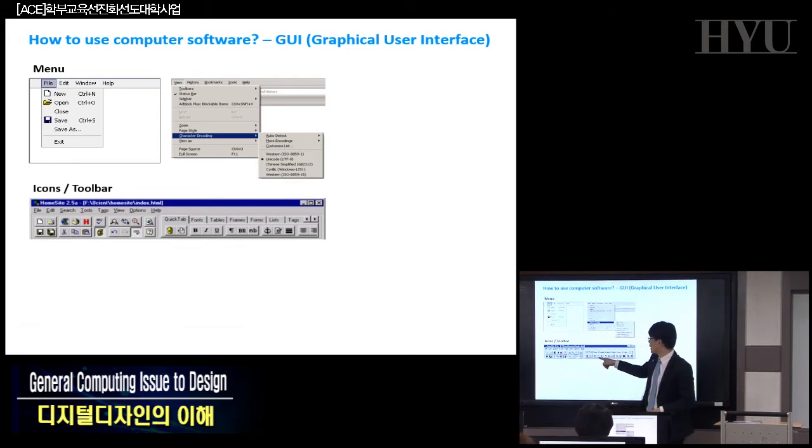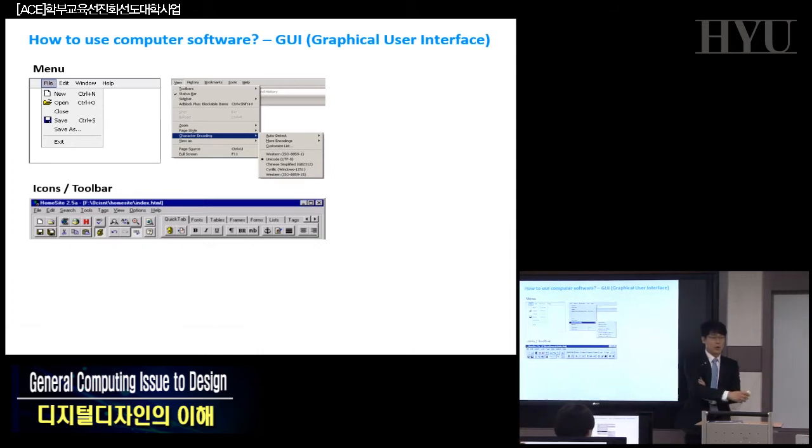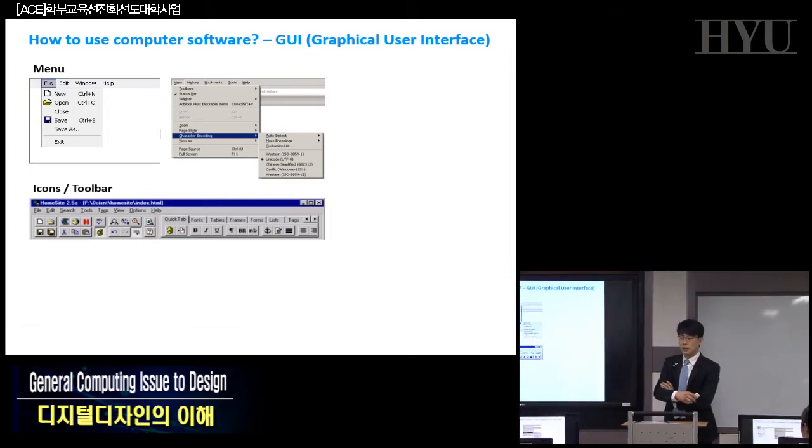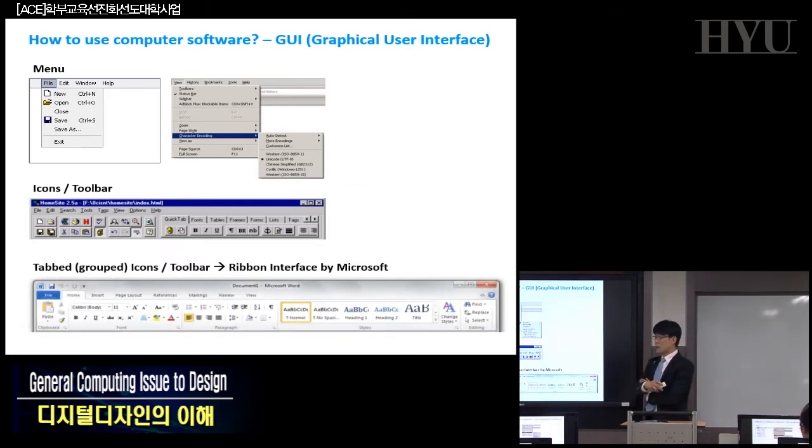For example, you may know the capitalized B usually means bold, weighted font, and I in italic font simply makes your text italic. Underline too. They are all intuitive interfaces using a certain level of image-based metaphor. They are so-called icons. So grouped icons, tabbed icons, the so-called ribbon interface designed by Microsoft.